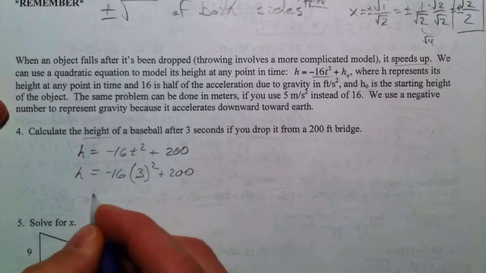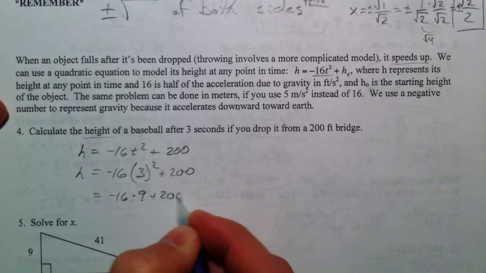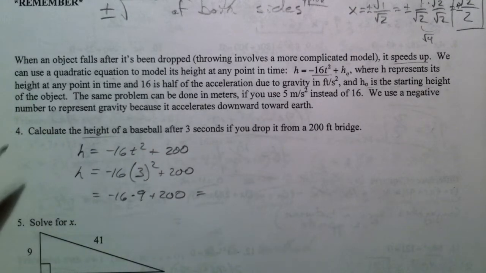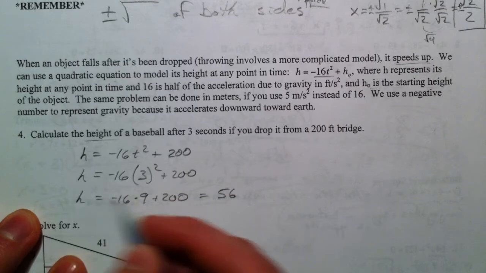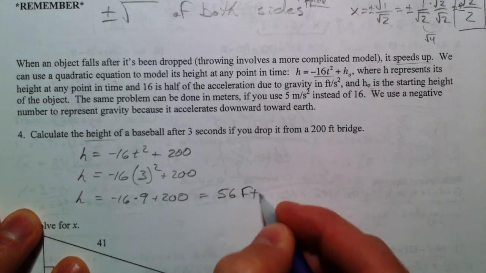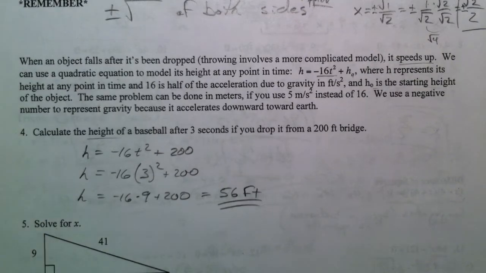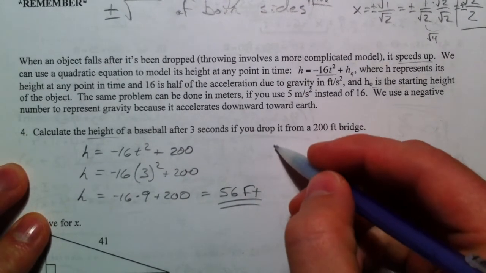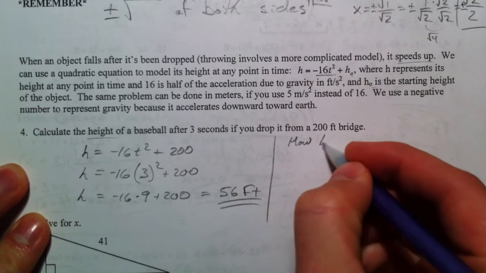Negative 16 times 9 plus 200, and we get 56. So the height of the baseball is 56 feet. And so we could say, well, how high is it, or how long until it hits the ground?